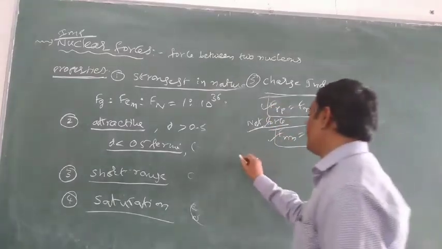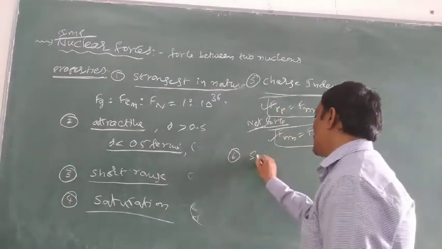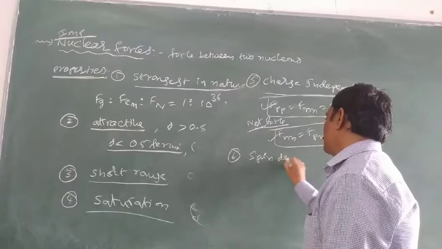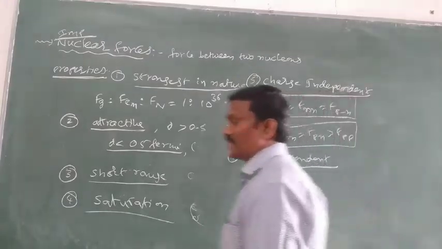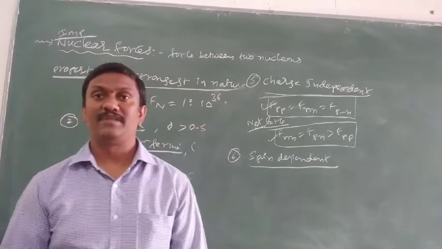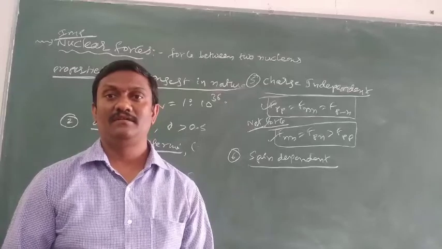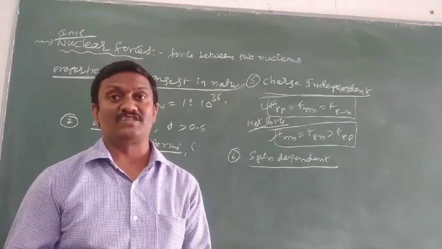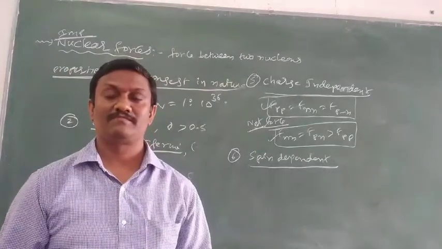Next, a very important point: nuclear force is also called a spin dependent force. Nuclear forces are spin dependent, depending on orientation. If two particles are oriented in parallel directions, the spin of the two particles is parallel, and the force between the two nucleons is maximum.